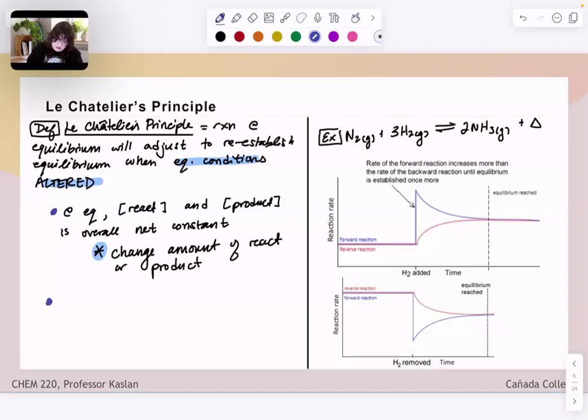How about another way that we could alter, adjust, perturb, disturb a system at equilibrium? At equilibrium, our reaction exists in a kind of thermodynamic equilibrium as well.